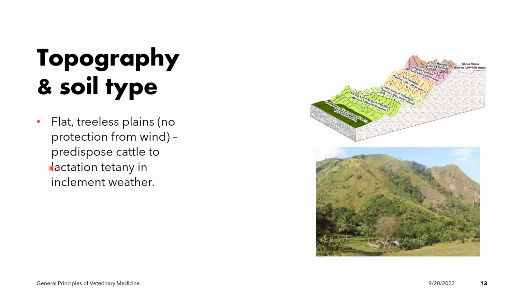The presence of flat, treeless plains with no protection from the wind can predispose cattle to lactation tetany in inclement weather. The other term for lactation tetany in cattle is hypomagnesemic tetany. This is an acute neurological condition due to a low dietary intake of magnesium, typically affecting lactating dairy or lactating cattle.